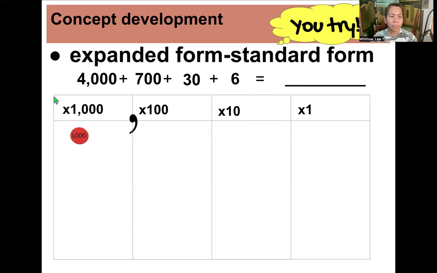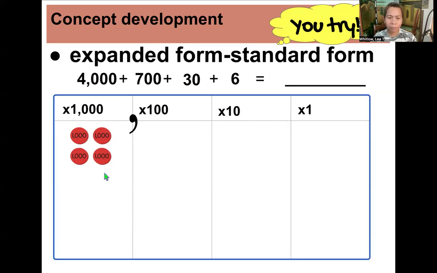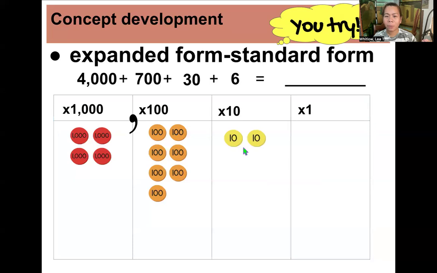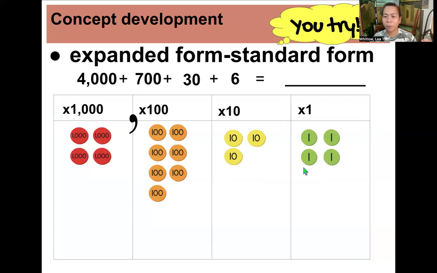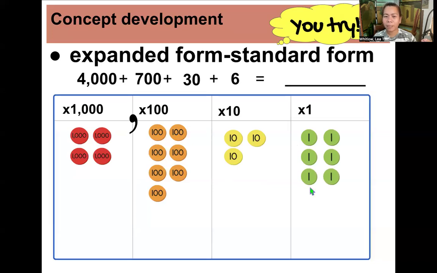I have 1,000, 2,000, 3,000, 4,000. Let's come up to the 100. How many hundreds do we have? 700. All right. 100, 200, 300, 400, 500, 600, 700. And how many tens? 3 tens, 30: 10, 20, 30. And 6 ones: 1, 2, 3, 4, 5, 6.